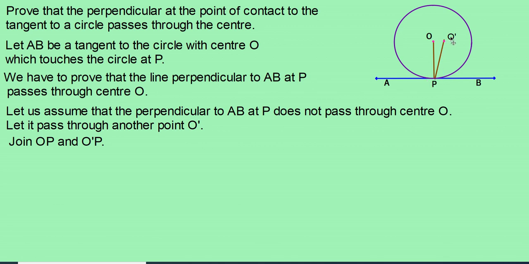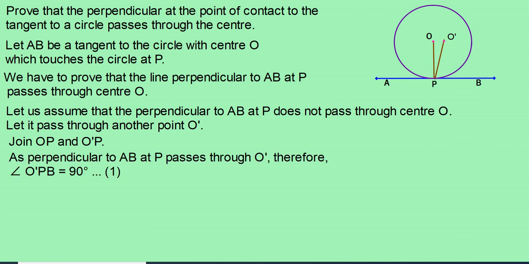That means O dash PB should be 90 degree because it is a perpendicular. So we can write, as the perpendicular to AB at P passes through O dash, therefore O dash PB is equal to 90 degree. This we can take as equation 1.